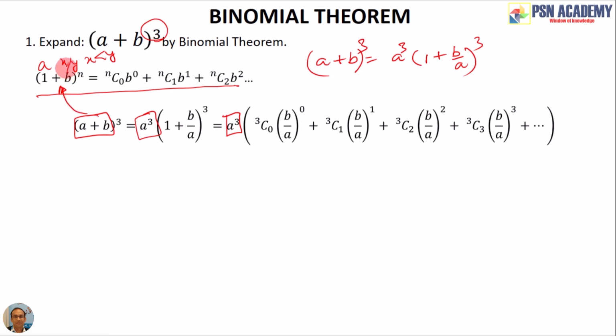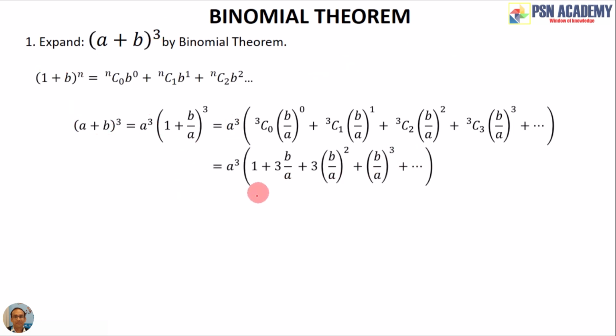But the B part, that means x by y, is your B by A. This one is the x by y part, okay? And then you have A cube, this becomes 1, and this 3C1 becomes 3 B by A, then 3C2 will give you 3 and B by A whole square, and this 3C3 will give you 1, so it is only B by A whole cube here, and plus dot dot dot, okay?